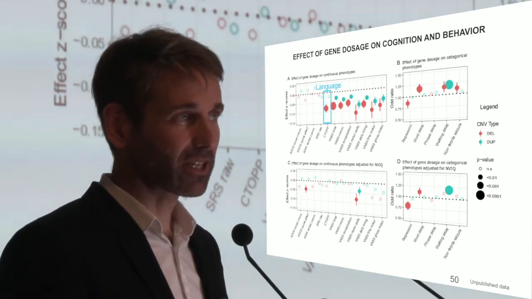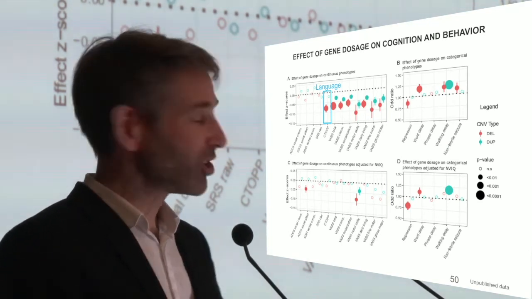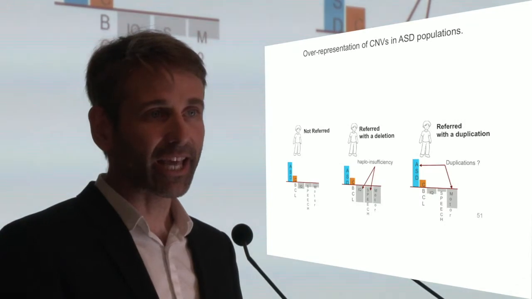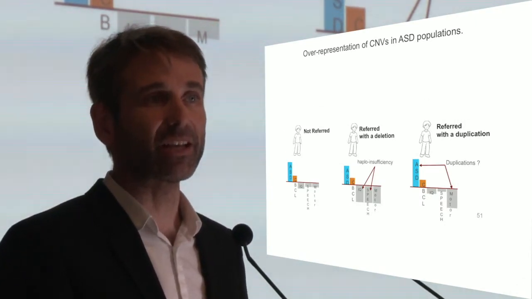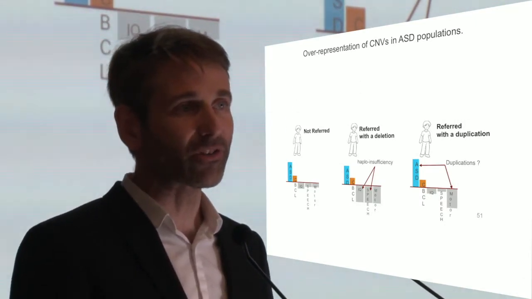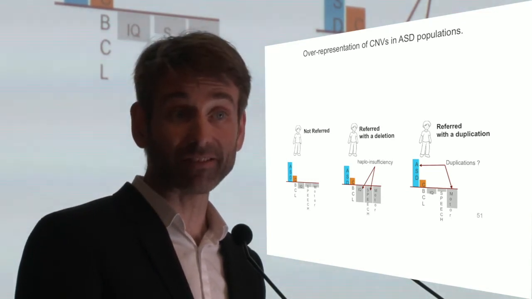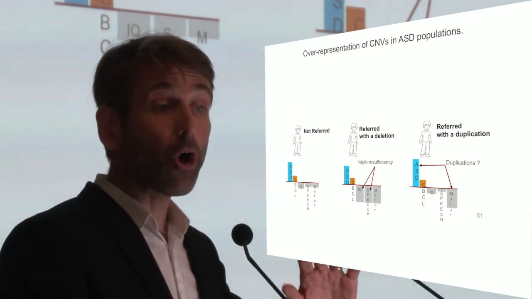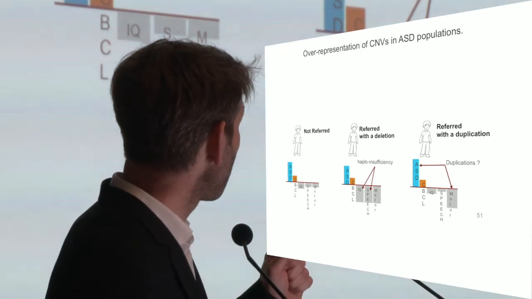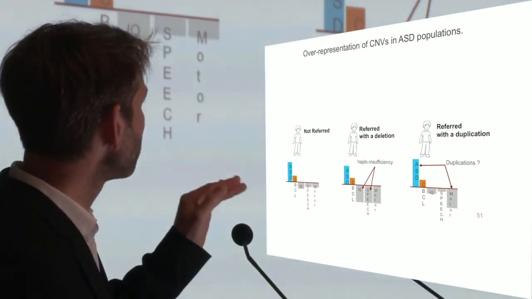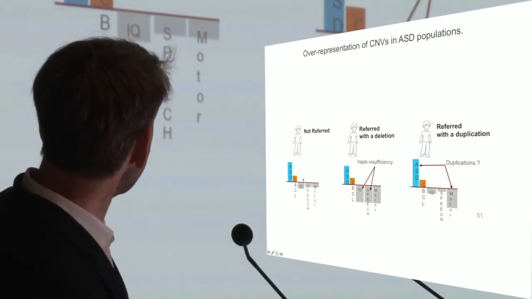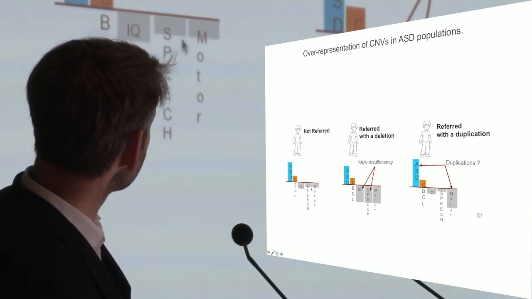I have no idea. Is it because they walk late, so they're referred to the clinic, and if you're referred to the clinic, you need a diagnosis, and then if you have autism symptoms, you're going to get an autism diagnosis? Or maybe they do affect some autism core symptoms, but we need a general population to show it.